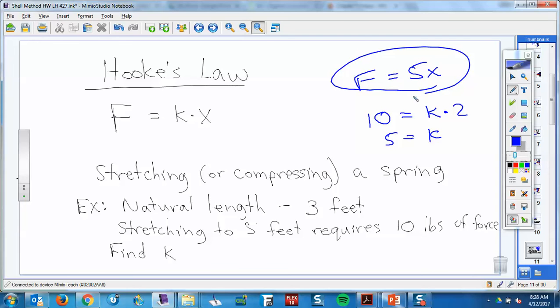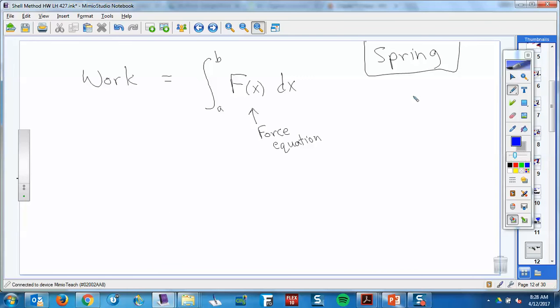Okay? All right. So the question then is how much work was done stretching that spring 2 feet? For that, this would be the pounds, and like we said, this would be the feet. And that's how we get our foot-pounds. Spring problems are the easiest ones of all.